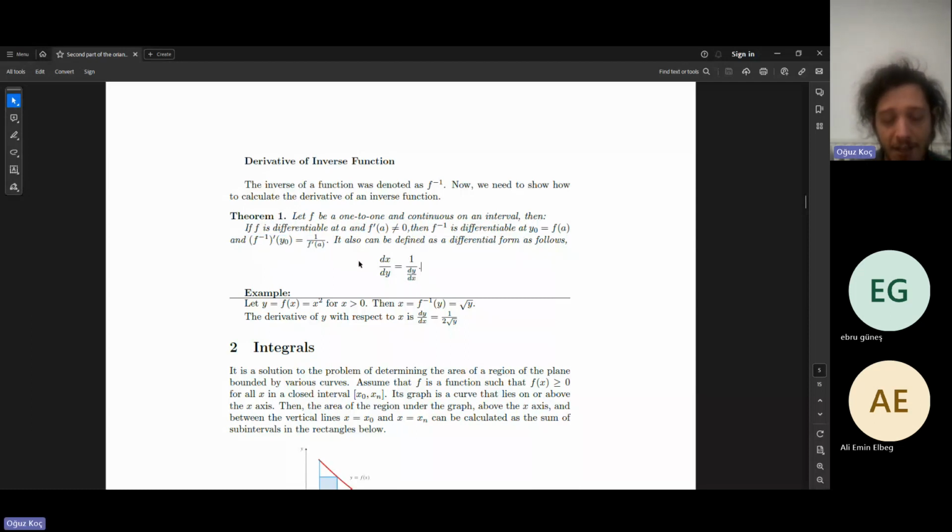This is the way of taking the derivative of an inverse function.